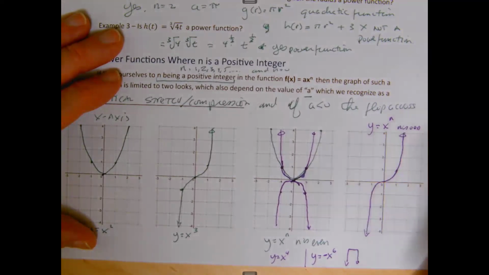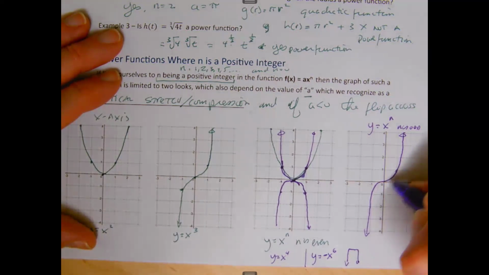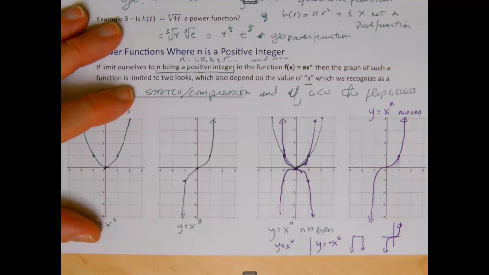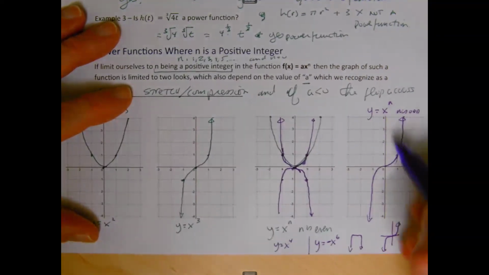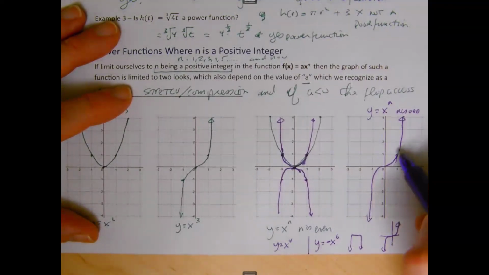If n is even, that's kind of the look. Again, if n goes up, all that will happen is this part will get flatter, flatter, flatter. If n goes high enough, it just might look something like this, and the curvature starts to sort of disappear. But when you graph these, make sure you throw in a little S curve.